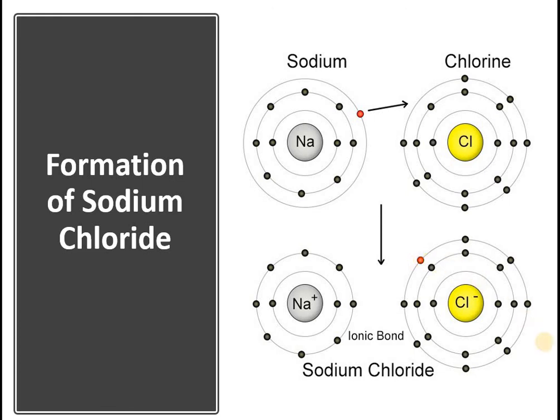This results in the formation of sodium chloride. This is the orbit structure of sodium chloride. Now the cation, sodium plus, and the anion are attracted towards each other due to electrical charges, or Coulomb forces existing between them, and form an ionic compound.